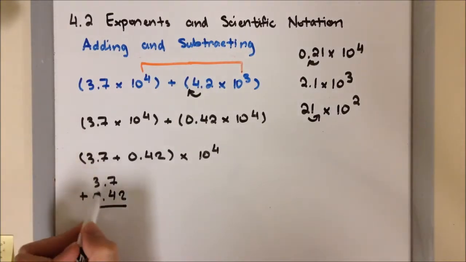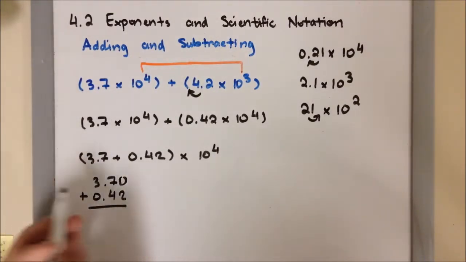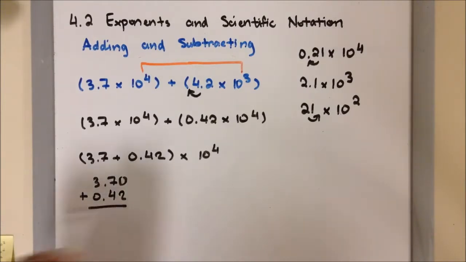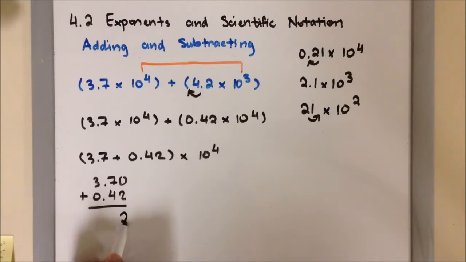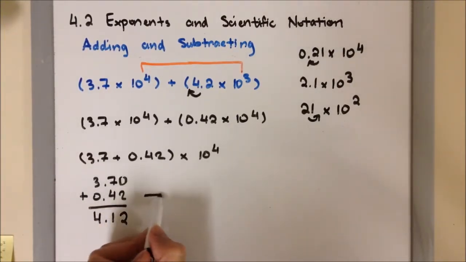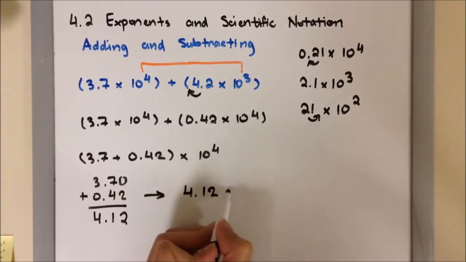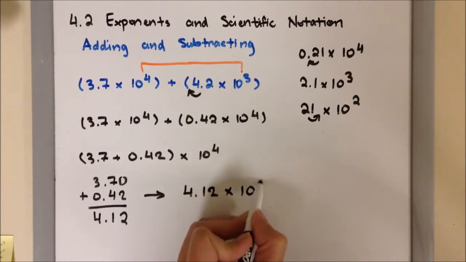Now, even though it's 3.7 on top, I can just add a 0 to have the same amount of decimal places as 0.42. So when I add them up, it's going to be 2 here, 1. 7 plus 4 is 11, so 1 right here, carry the 1, so it's going to be 4.12. So 4.12 times 10 to the 4th.